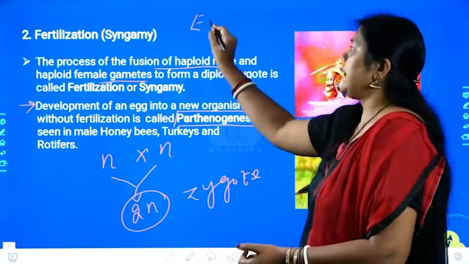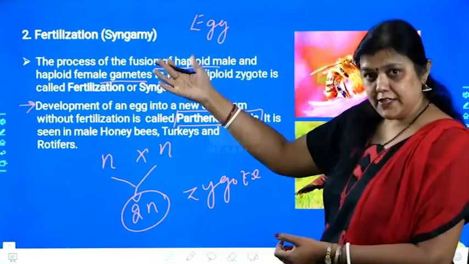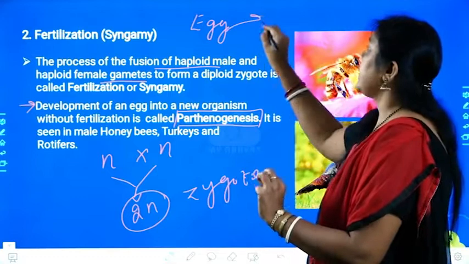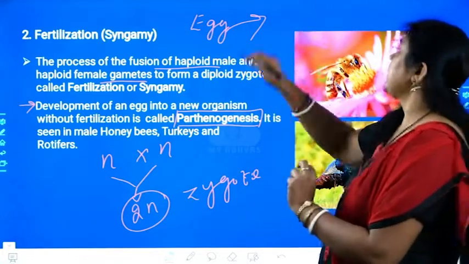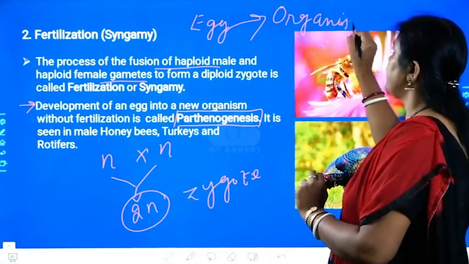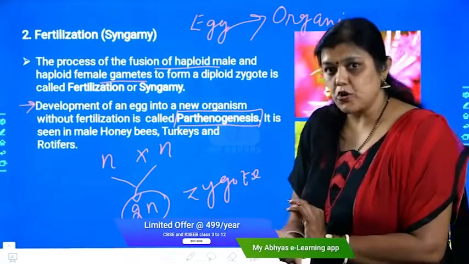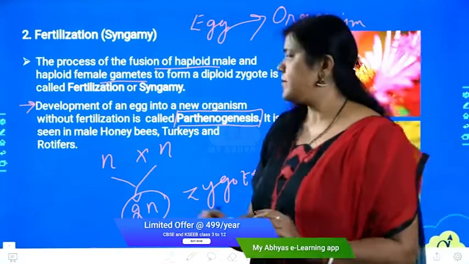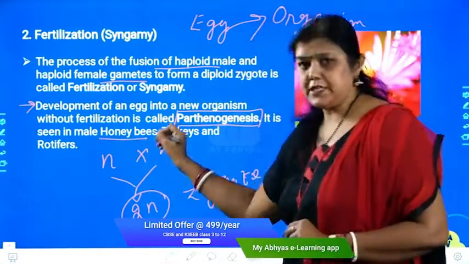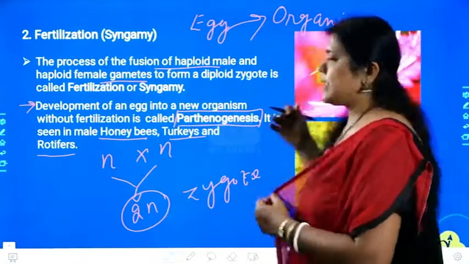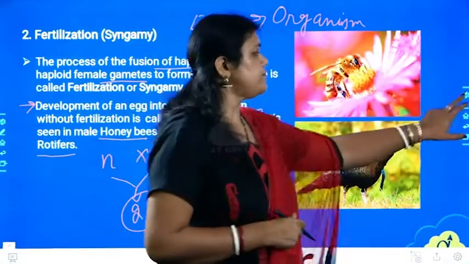So when an egg, without any fertilization, without combining with the male gamete, gives rise to a new organism, that means from the egg we get a new organism, then this process is called parthenogenesis. In animals it is seen in male honeybees, in turkeys, and in rotifers. So here are some examples.